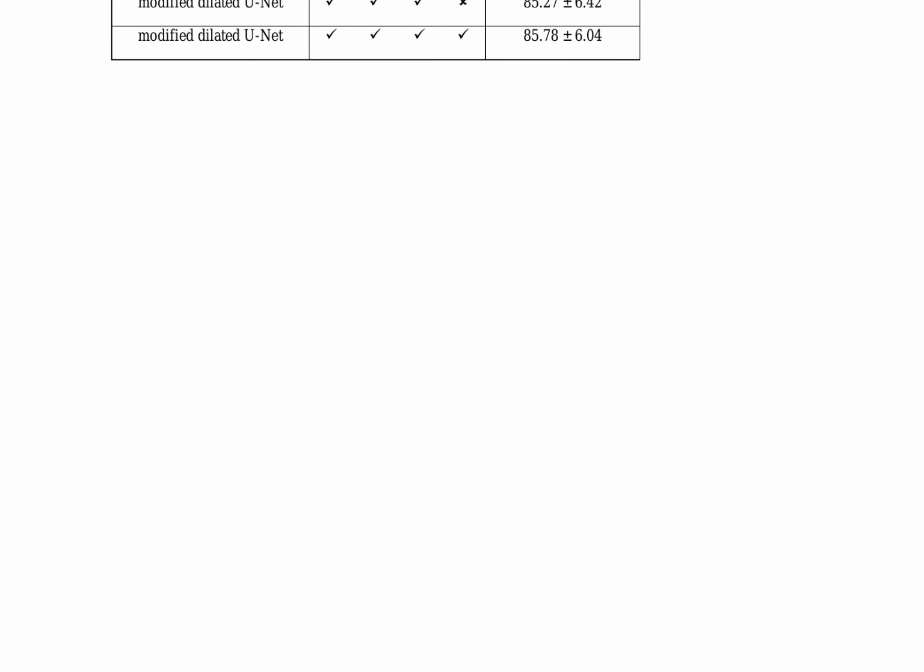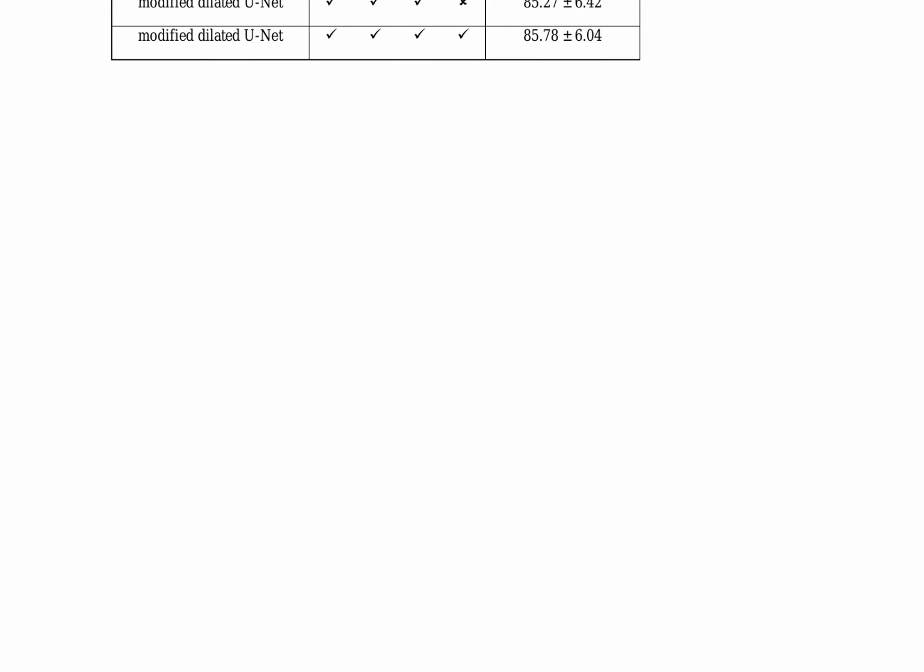Similarly, nnU-Net with batch normalization and ReLU achieves a DSC value of 89.52 plus or minus 4.96 when all interpolation ratios are used. In contrast, the modified dilated U-Net achieves a lower DSC value of 85.78 plus or minus 6.04 when all interpolation ratios are used, highlighting the proposed method's superiority in leveraging ensemble learning.